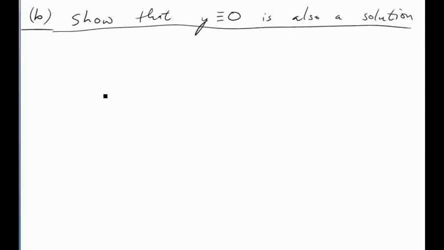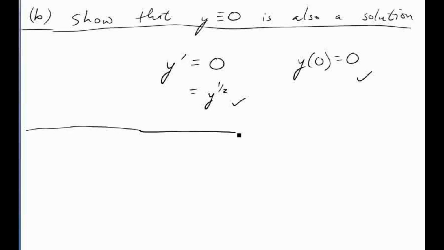So that's a disturbing phenomenon, but let's just make sure here. If y equals 0, then y prime would also be equal to 0, which is sure enough the same thing as y to the 1/2. So yep, sure enough. And of course, y of 0 equals 0. Sure, y of anything equals 0 according to this solution. So then the question is, what happened here?